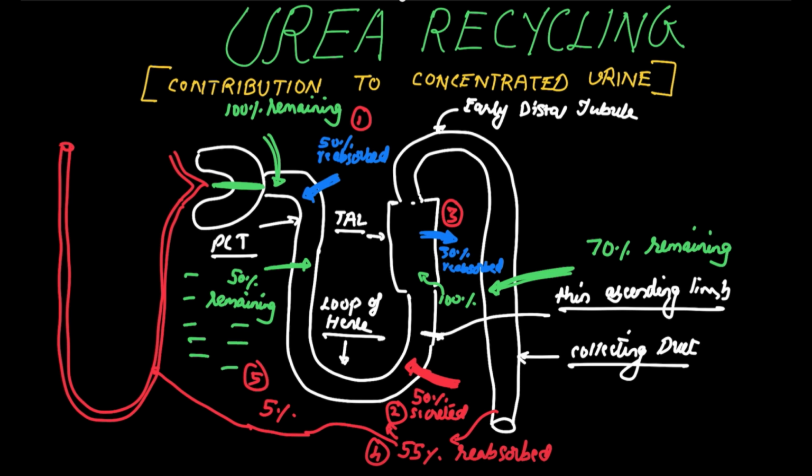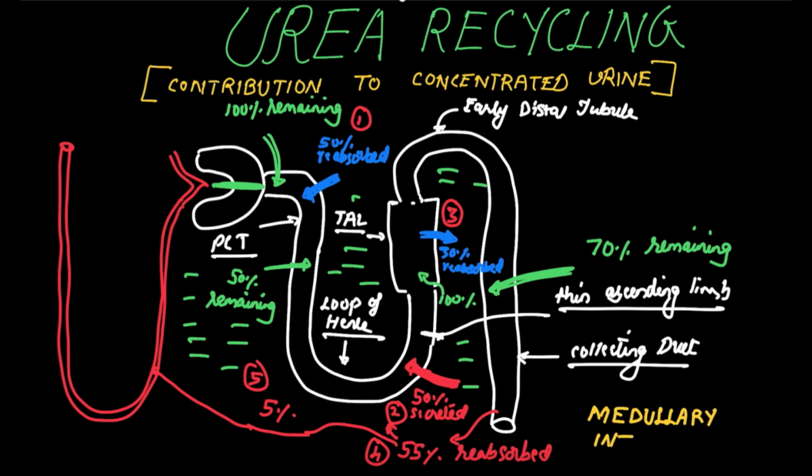Solute builds up. What are the solutes made up of? Sodium and associated anions. So sodium, chloride and bicarbonate. Then 4% is by glucose and urea, and the rest is by plasma proteins. This is the medullary interstitium where urea is built up.